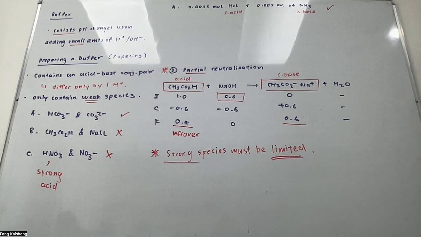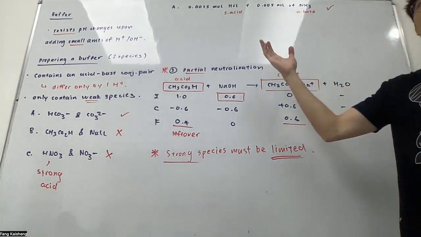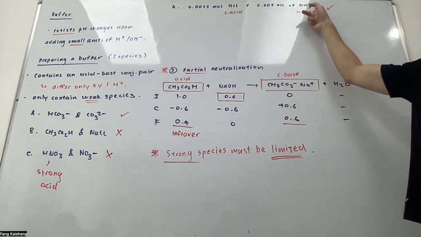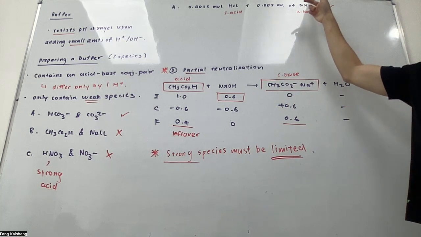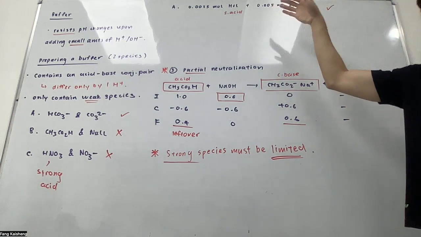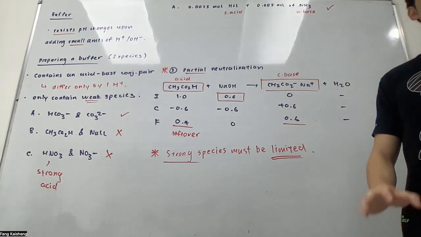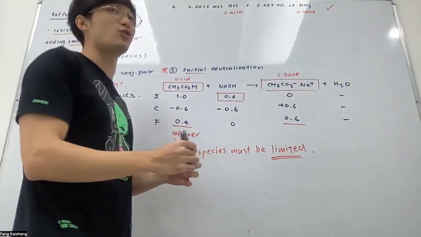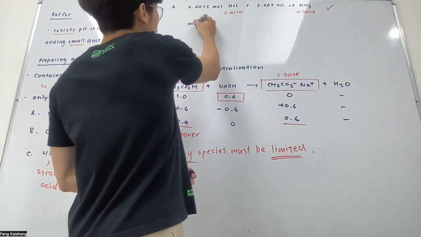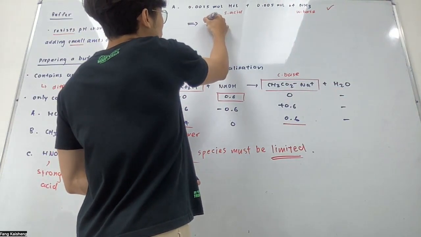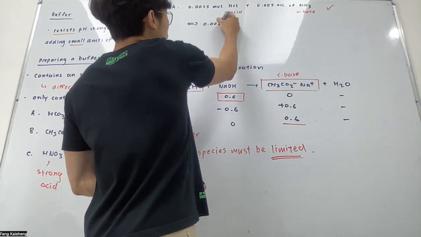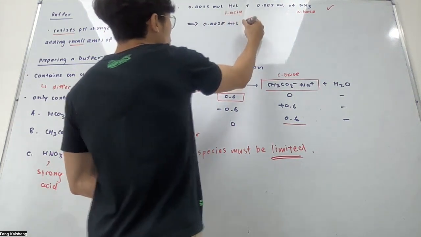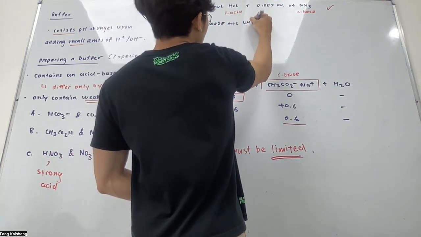You will notice that the strong acid will end up at 0, and you will have a mixture of NH3 and NH4 plus. Without drawing any table, are you all able to predict how much NH3 and how much NH4 plus? Good. 0.0025 moles of NH3 left over.